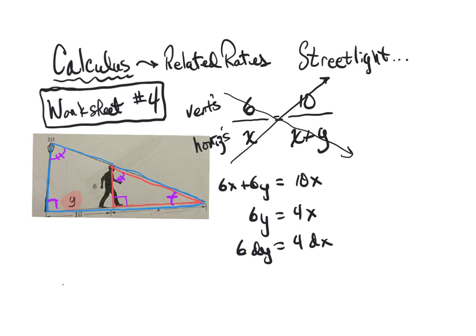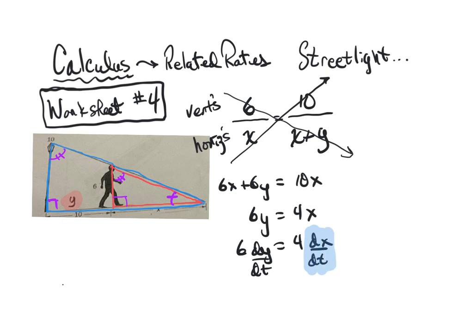Now we have to introduce time, so we're going to divide both sides by dt. And then we're going to solve for the correct derivative. If you reread the question that's posed, what is the rate that the tip of the shadow moves away from the lamppost? So what we're looking for is dx/dt.